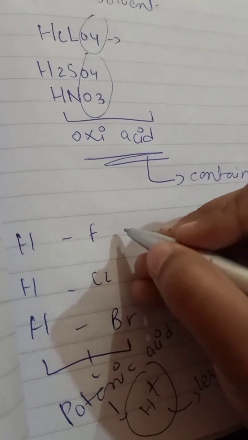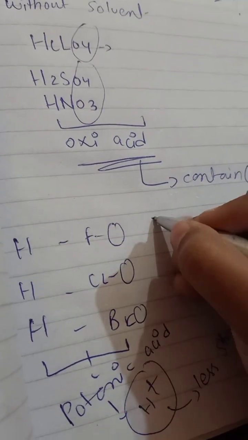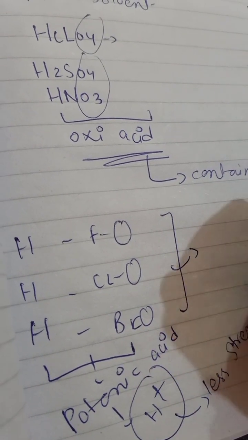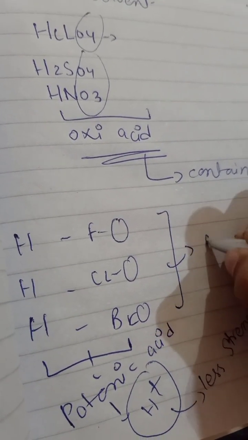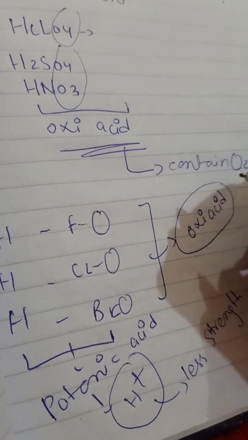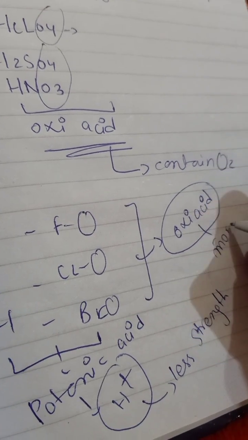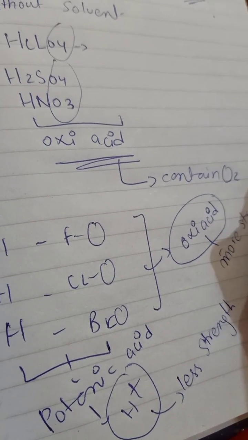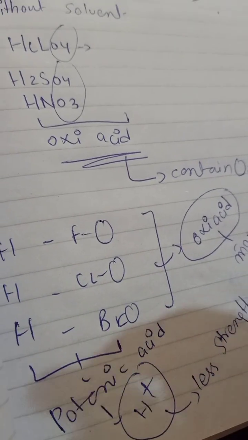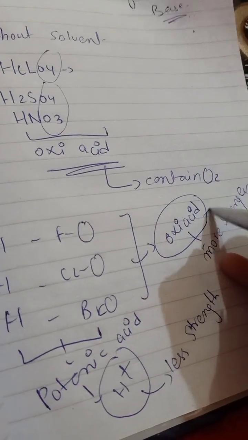If you add oxygen to that, we call it an oxy acid. So they are called oxy acids. And oxy acids are basically stronger than the protonic acids.